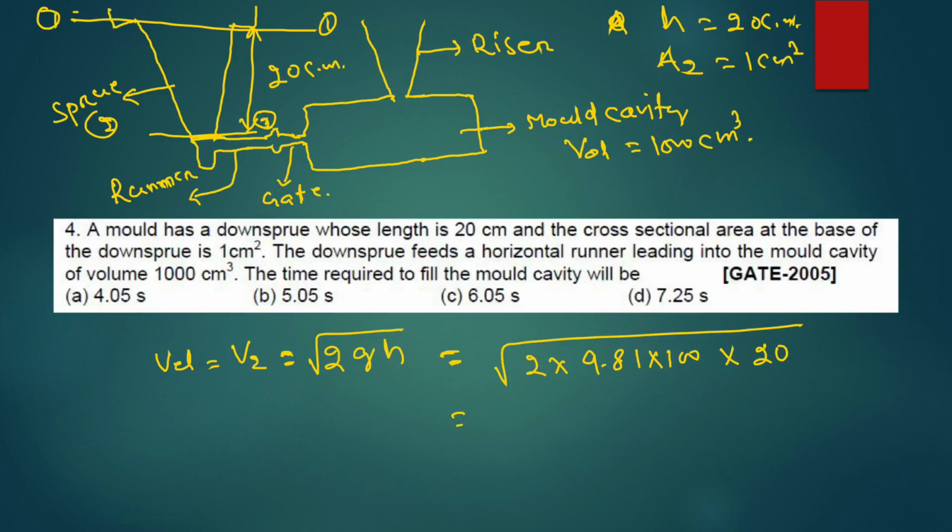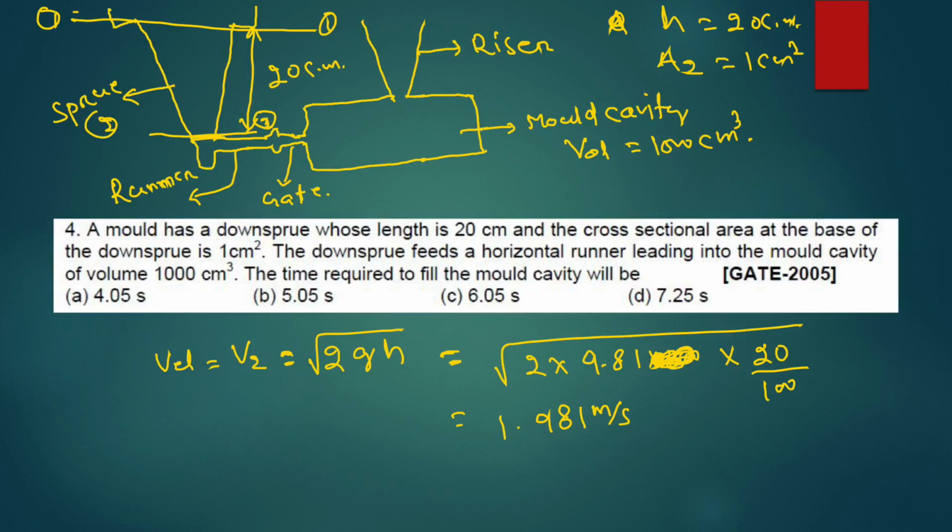Or if you keep g in meter per second square term, and h you divide by 100 in meter term, you will get 1.981 meter per second. This is velocity at point 2.